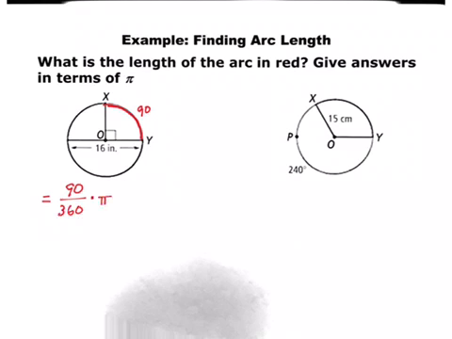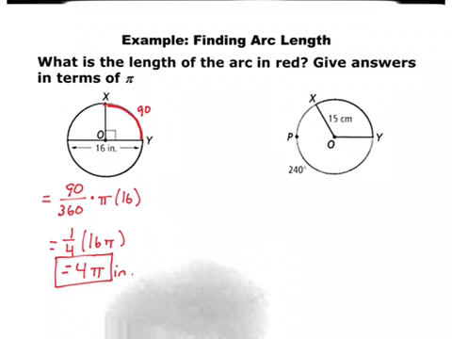Well, 90 over 360 is 1/4, so we've got 1/4 times 16 pi. 1/4 of 16 is just 4. So your arc length here is 4 pi. In this case, you can put inches. And then again, if you wanted to, you could put this in decimal form, but like I said, the pi form is more accurate.